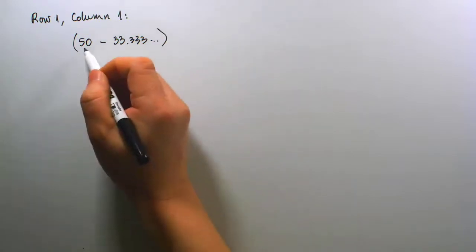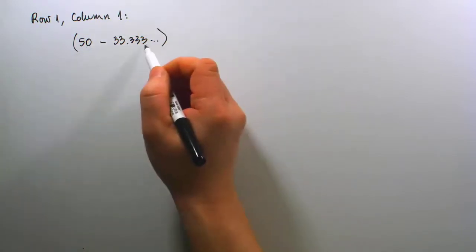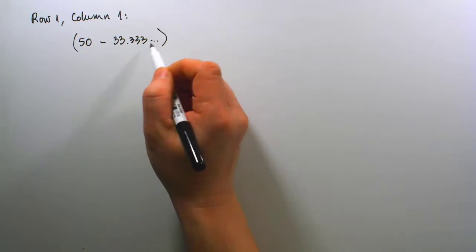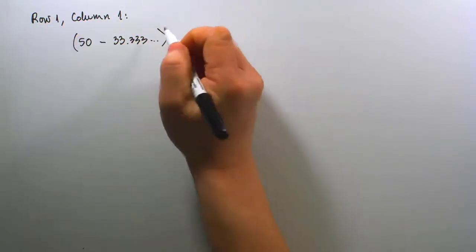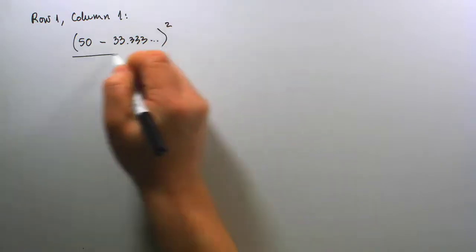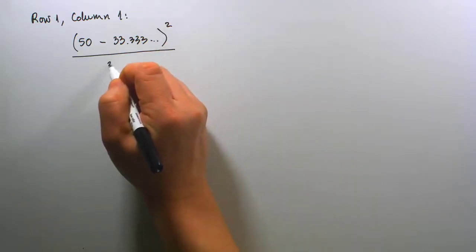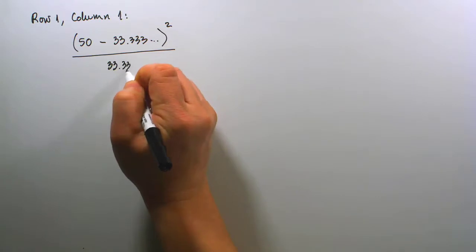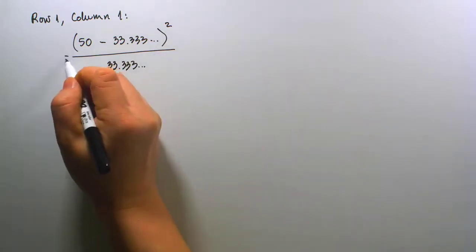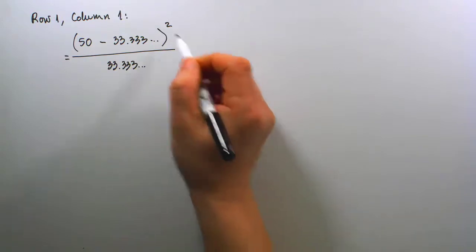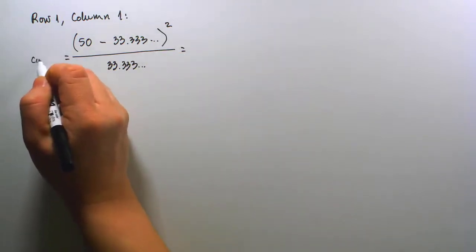But now 50 is the observed count, subtract the expected count here, and these are all in the row 1, column 1 entry. We're going to square that difference and divide that by 33.3333 and a lot longer. So this value here, whichever it will come out, is referred to as the components.